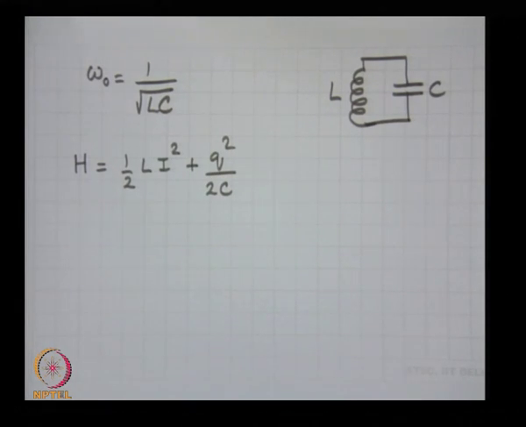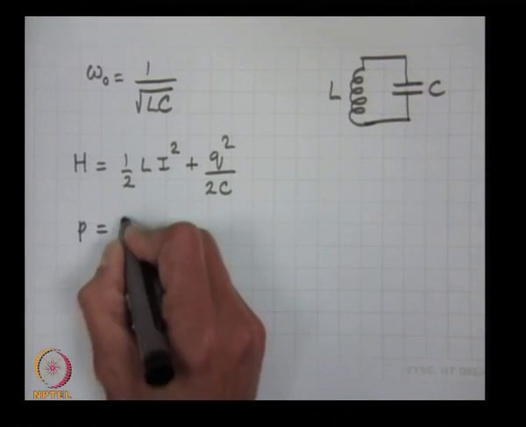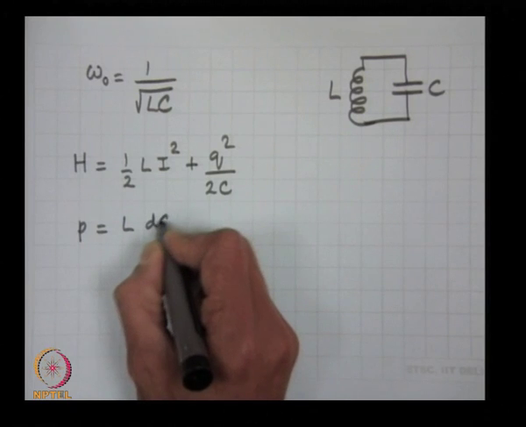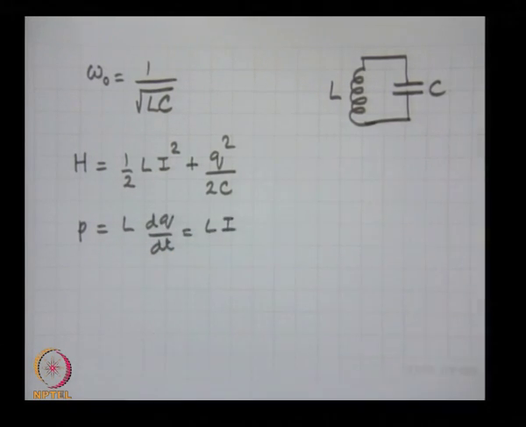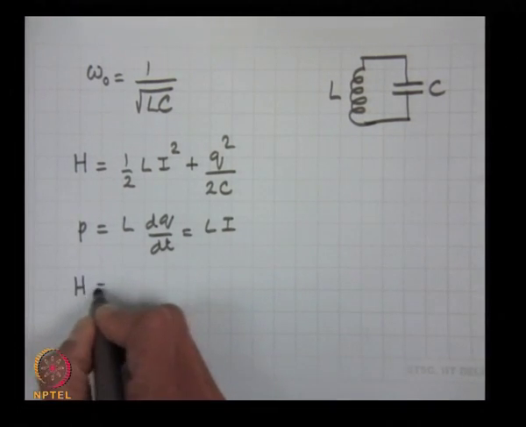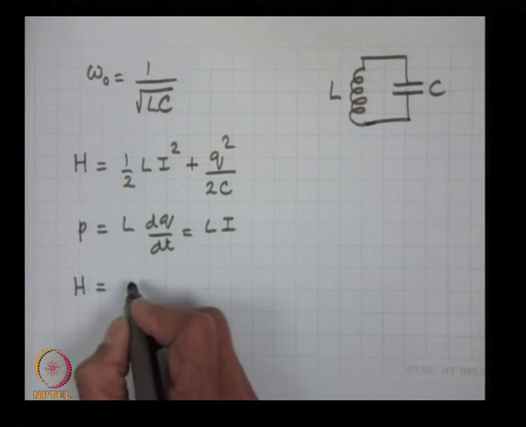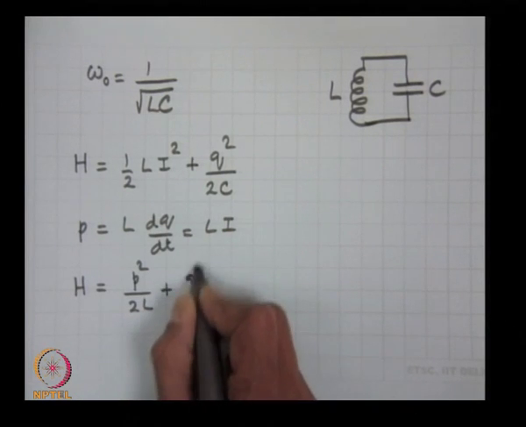now let me define a quantity p, which is L dq by dt, that is L i. So the Hamiltonian or the energy is simply p square by 2L plus q square by 2C.